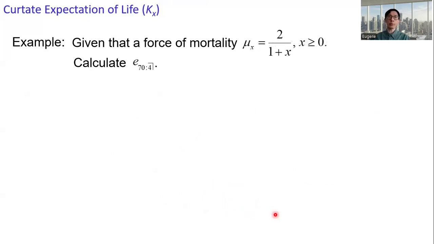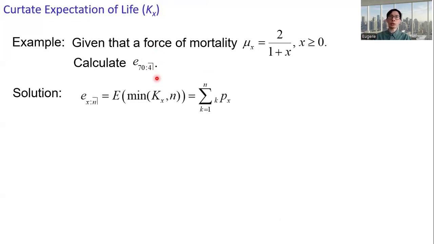All right, the next example involves a given force of mortality, and asks about the 4-year temporary curtailed expectation at age 70. Okay, the definition: the summation of kpx, k equals 1 to n. This is the temporary curtailed expectation. So the upper limit here is n, and n is 4.